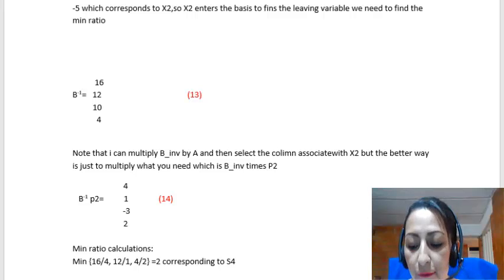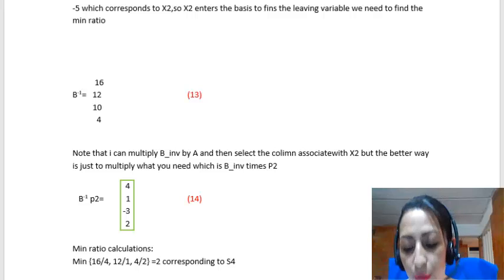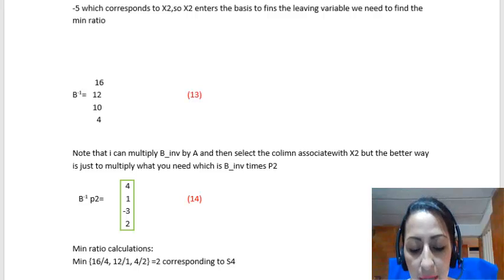In tabular format, that column is calculated by the inverse multiplied by P2, because x2 is the entering variable.